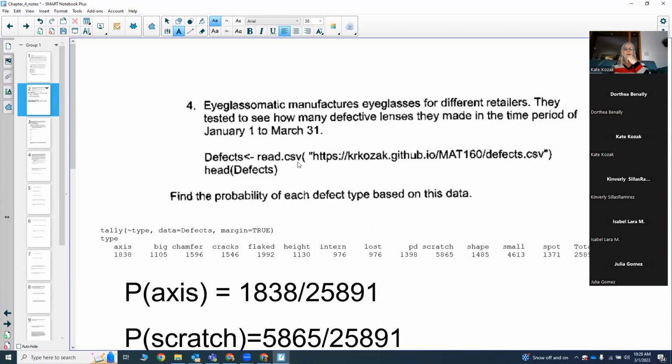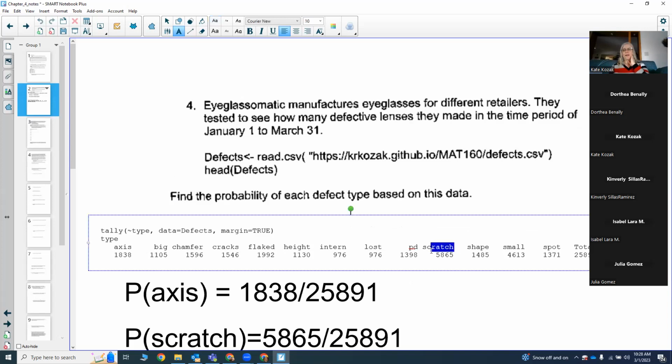So with my eyeglasses, these different outcomes don't have the same chance of happening. A small or a scratched lens is way more likely to happen than a lost lens, which is good. We hope lost doesn't happen very often, but scratched happens way more often. So they're not equally likely. So I can't just say it's 1 out of 13 because they're not equally likely.